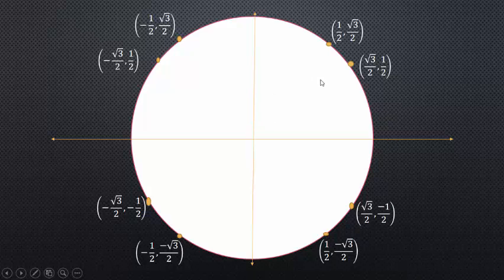You'll notice these aren't spaced as identically as they should be because I've hand drawn them in PowerPoint, but each of these points should be rotated 30 degrees around the circle.